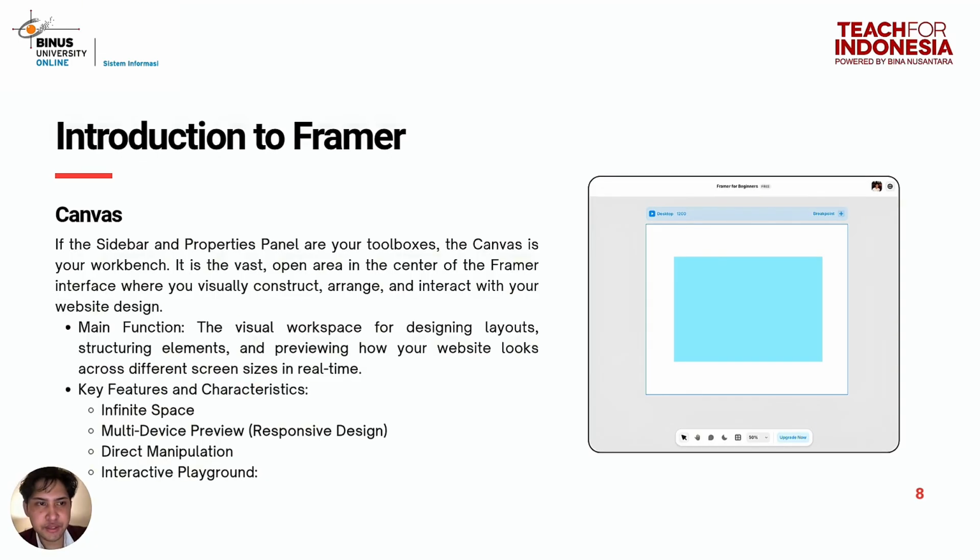Canvas is your workspace. It is the open area in the center of the Framer interface where you visually construct, arrange, and interact with your website designs. The main functions are the visual workspace for designing layouts, structuring elements, and previewing how your website looks across different screen sizes in real time.